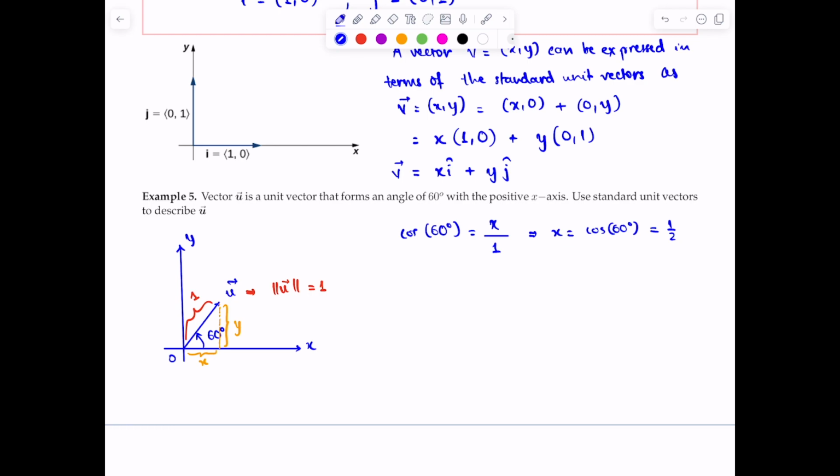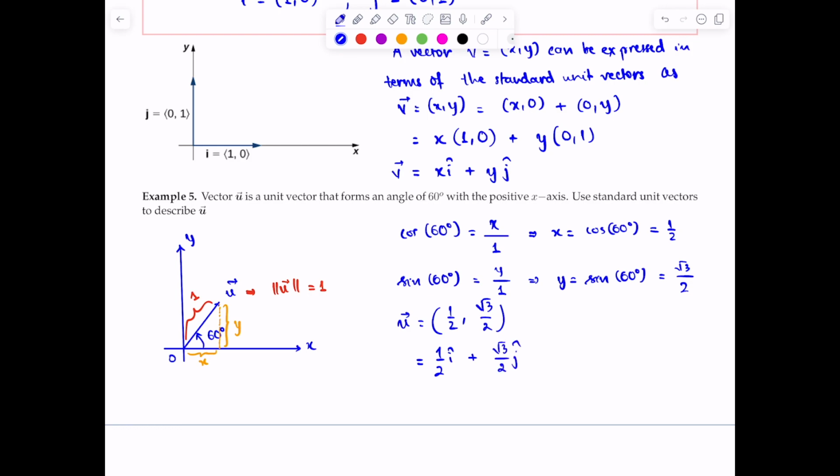Now for the y value, or the second component of the vector u, sine of 60 degrees is equal to y divided by 1, right, or the opposite length divided by the hypotenuse, and therefore y is equal to sine of 60 degrees, and that is equal to √3/2. So the vector u can be written in the component form as 1/2 comma √3/2, or it can be written in the standard unit vector form as 1/2 i hat plus √3/2 j hat.